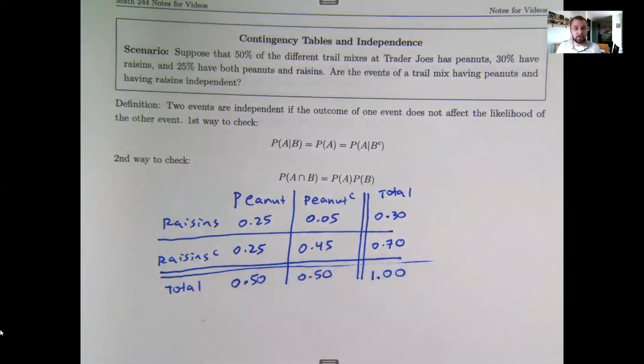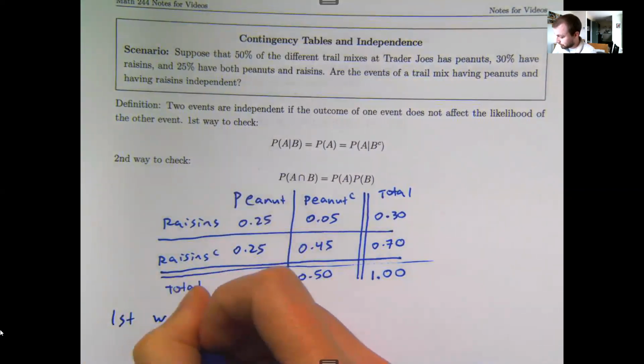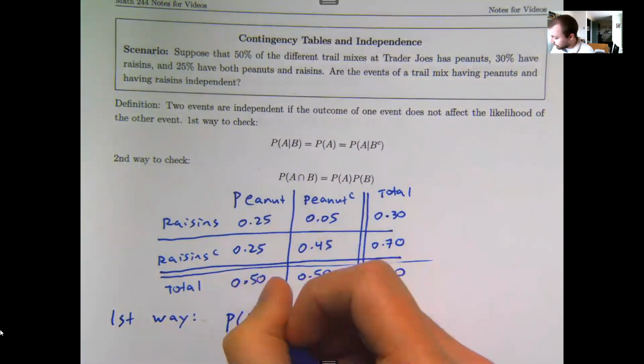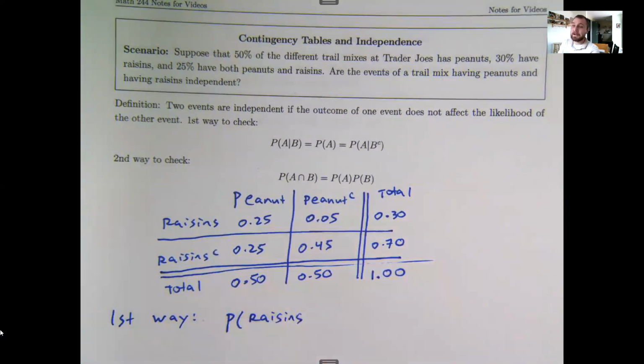So again, the definition of independence is that the outcome of one event does not affect the outcome of the other. So the first way that I like to check this is, let's see what the probability of having raisins is, and I'm just picking any event. Pick any event as a starting spot.